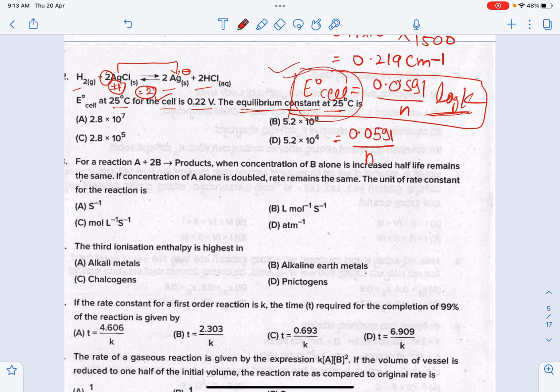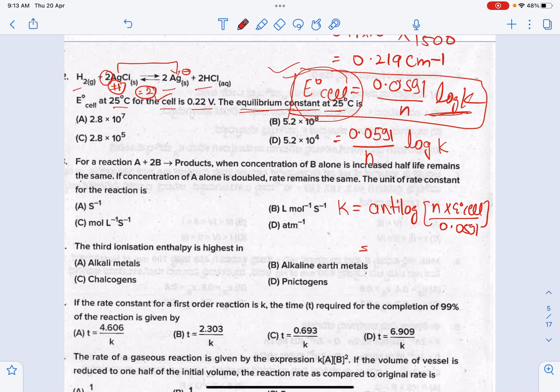So we will take the value of n factor as 2 and write log K. What will be the value of log K? K will be the antilog of n factor times E° cell divided by 0.0591.